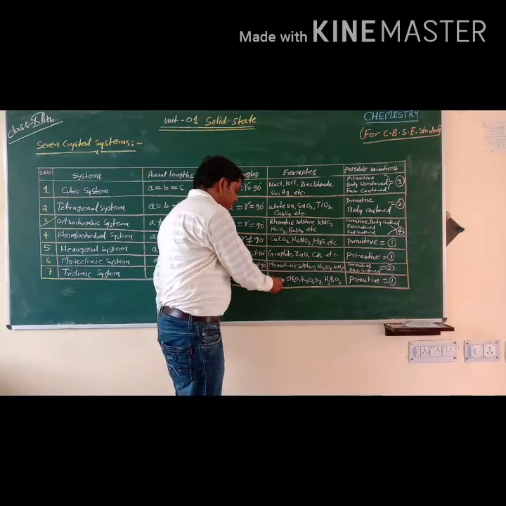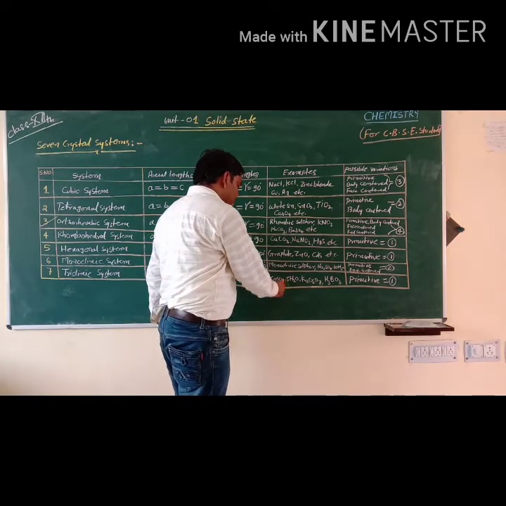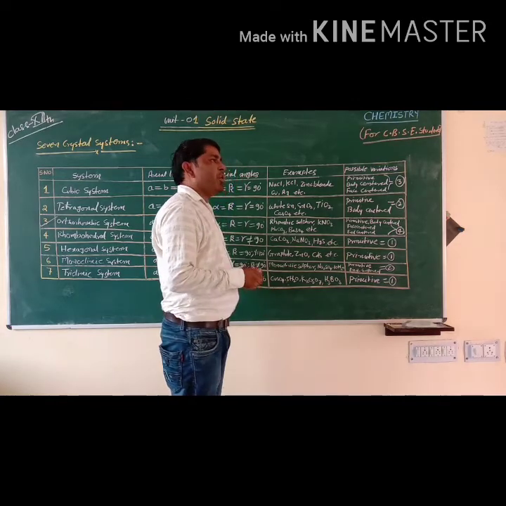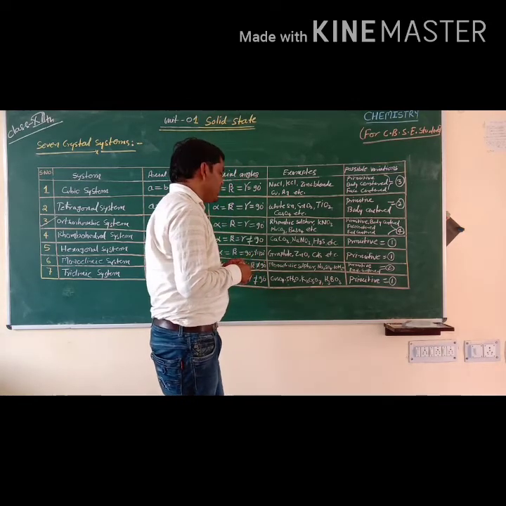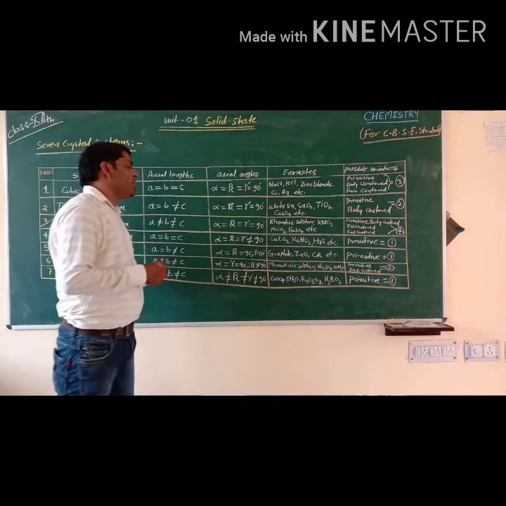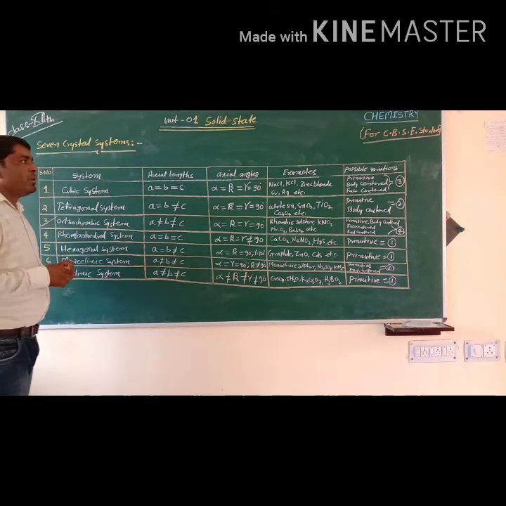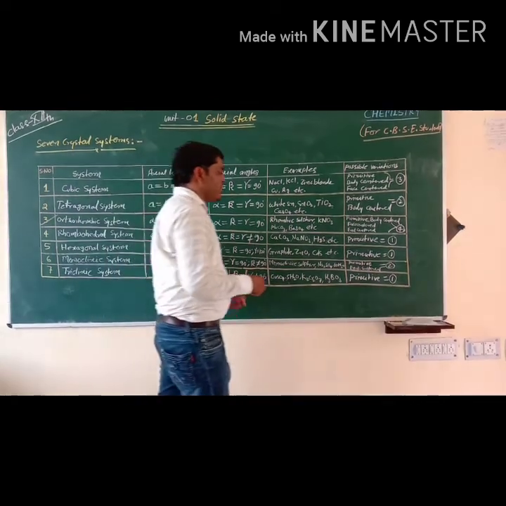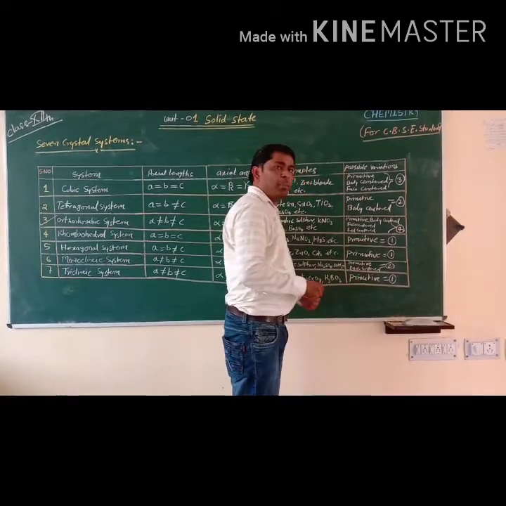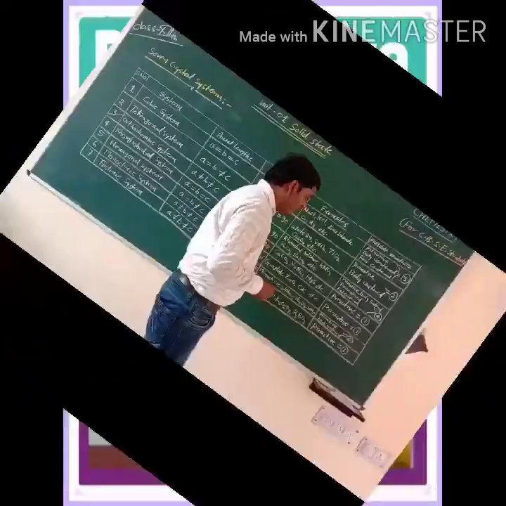Examples of this system are copper sulfate, potassium dichromate, and boric acid. Possible variation is one in this system: primitive. Okay.